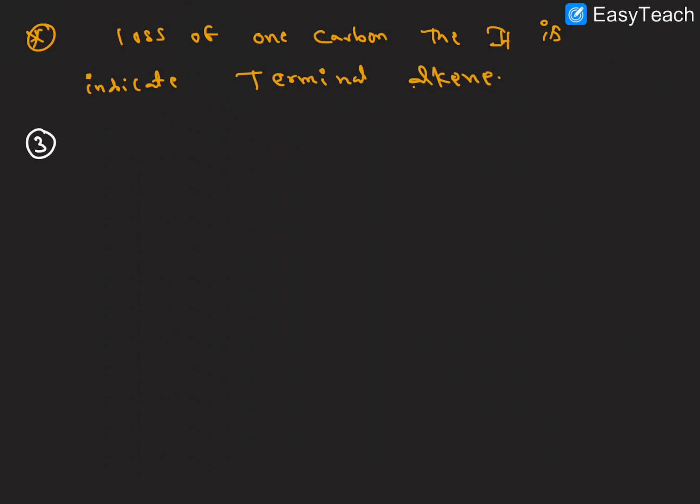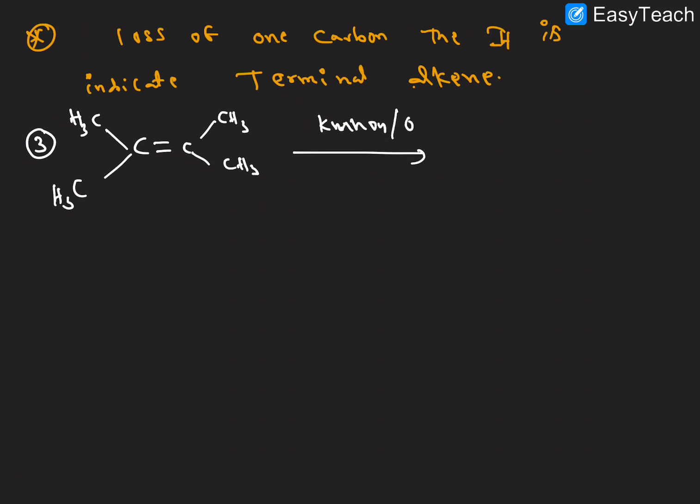Example 3, a very important example, a disubstituted alkene. The C=C double bond here is disubstituted, with CH3. In this situation, KMnO4 in basic medium, hot condition, forms a ketone, CH3, plus one more ketone.